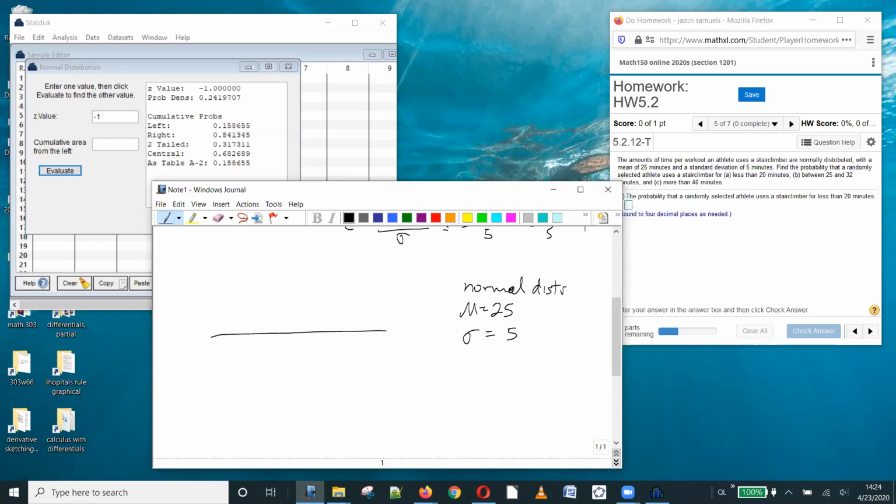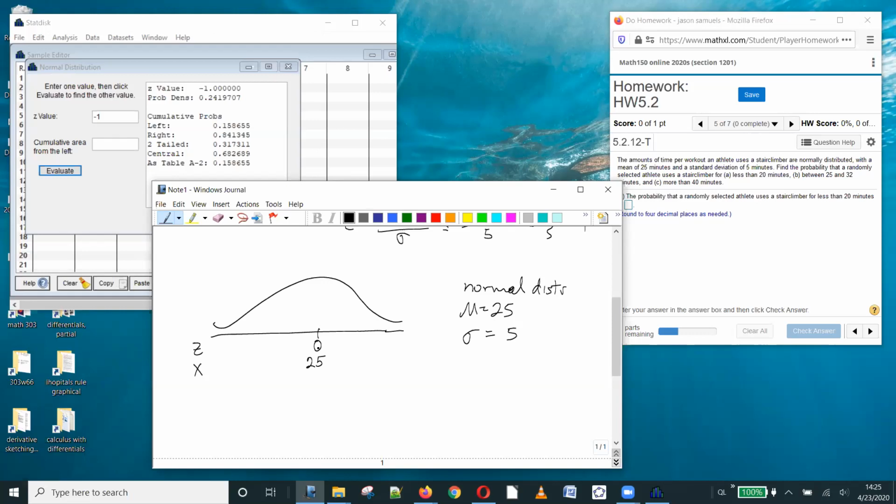So let's draw the picture for that situation. There's my normal distribution. Z always has a score of 0 in the middle, and the mean, and we're talking about the distribution of data values, and that's X. The mean for that is 25, so 25 goes in the middle.